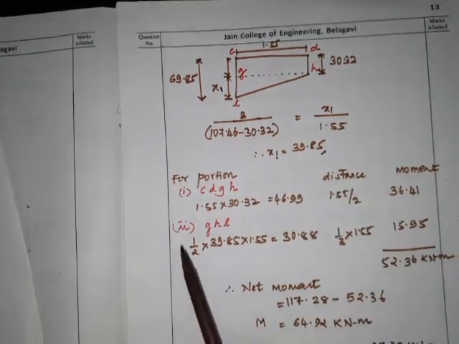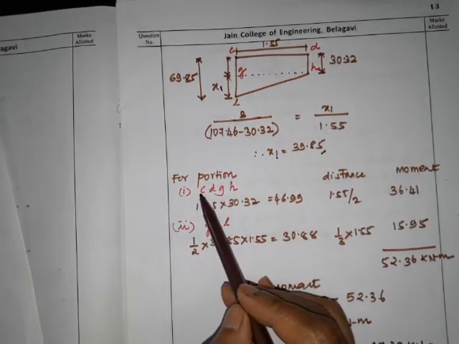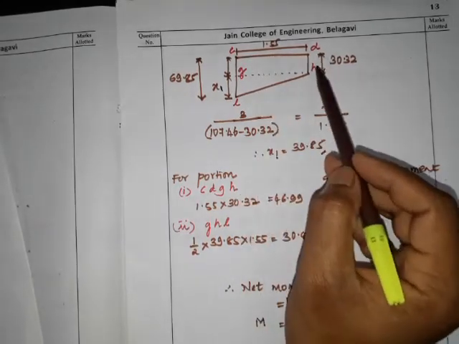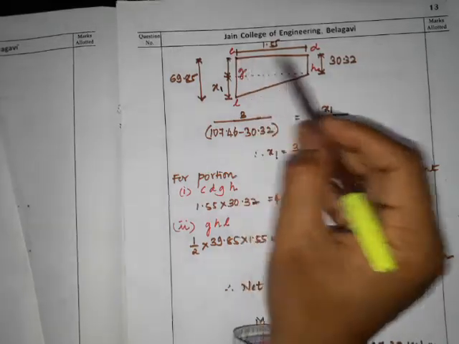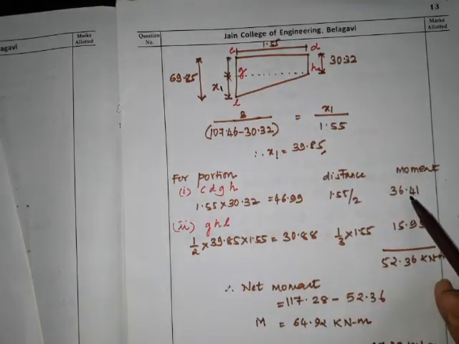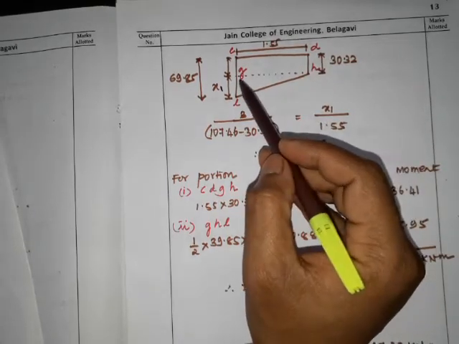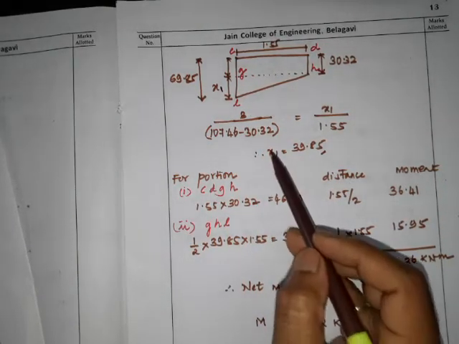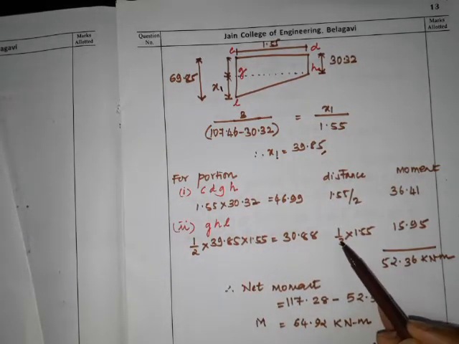So we have to do the deduction. For portion CDGH, it is 1.55 into 30.32, into the centroidal distance 1.55 by 2 again. Next for GHL, half base into height, where the base is already 39.85.